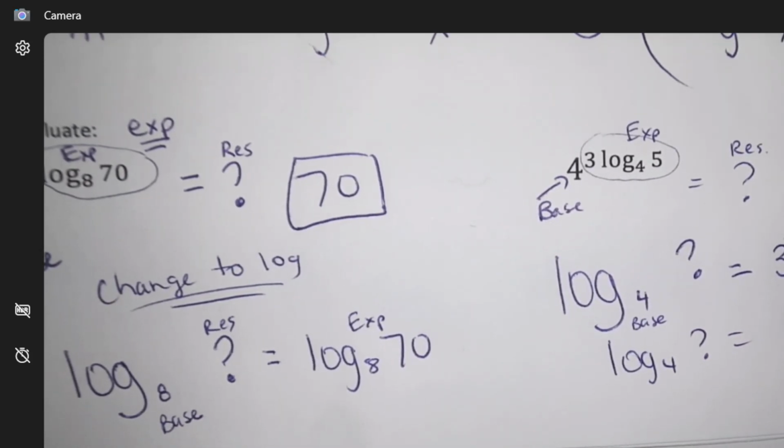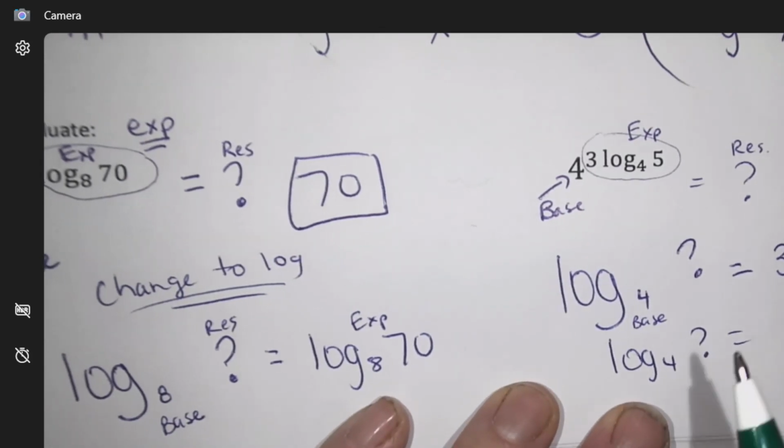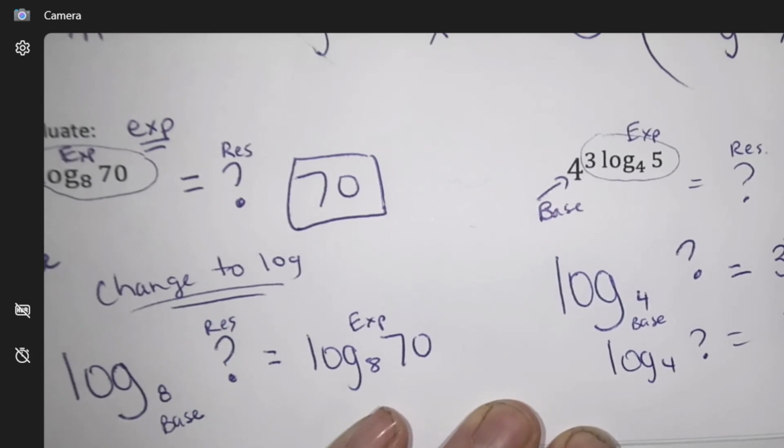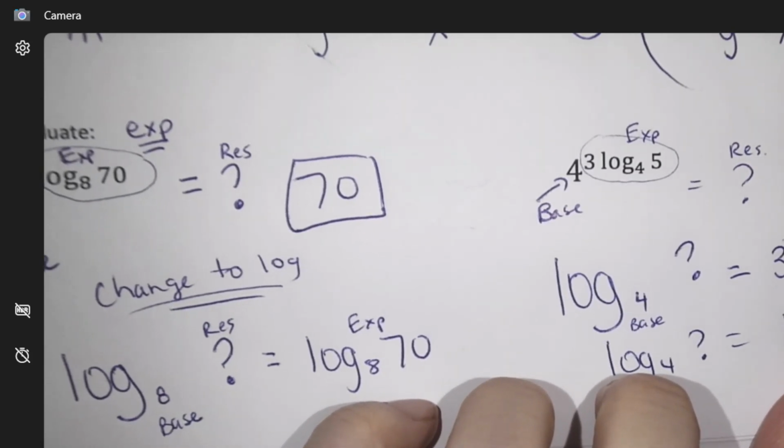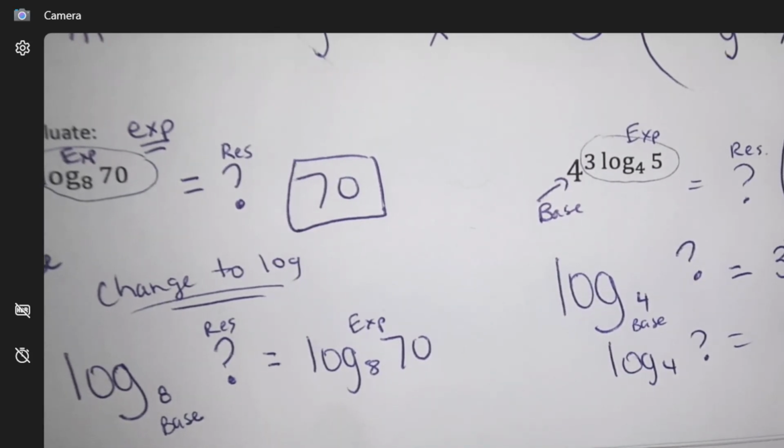So now, both sides of my equation look the exact same. Log 4 something equals log 4, 5 cubed. So therefore, what can you conclude about my question mark here? It would have to be the same as that. So my answer is 125.